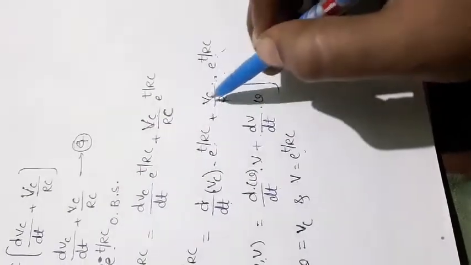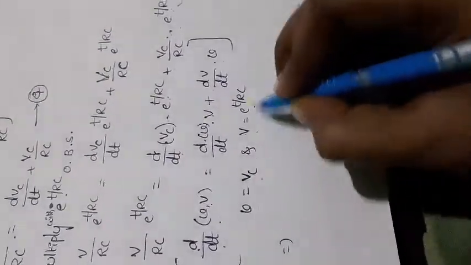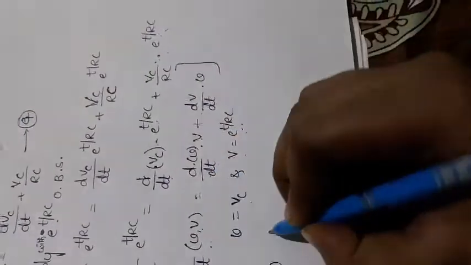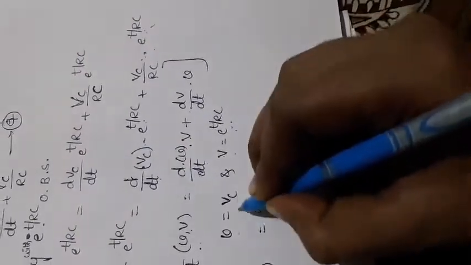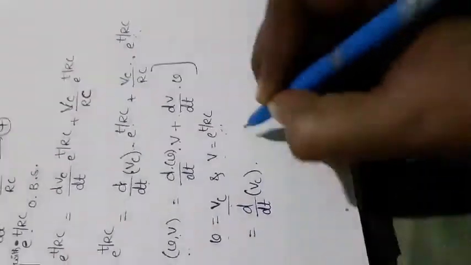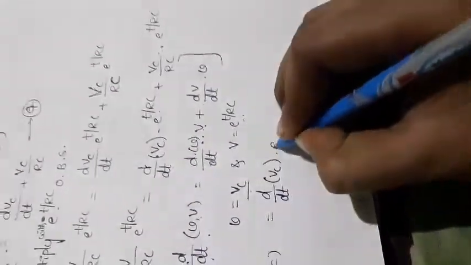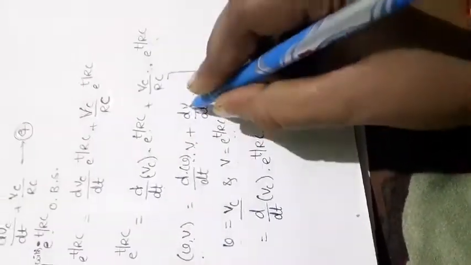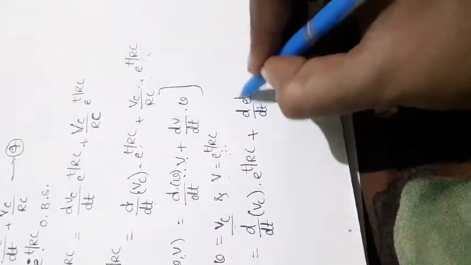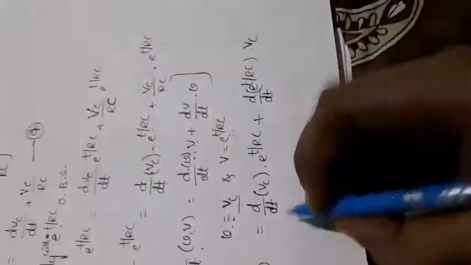First of all, I can rewrite this value, considering u as Vc and v as e power t by Rc, and substitute in this formula. So d by dt of u into v: u is Vc, v is e power t by Rc, plus the differentiation of v, which is e power t by Rc, into u, which is Vc.